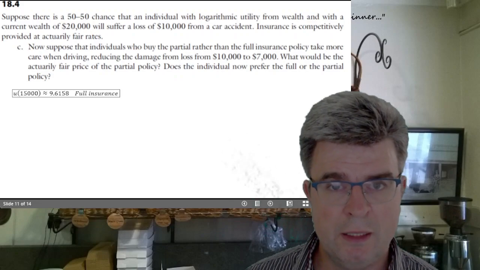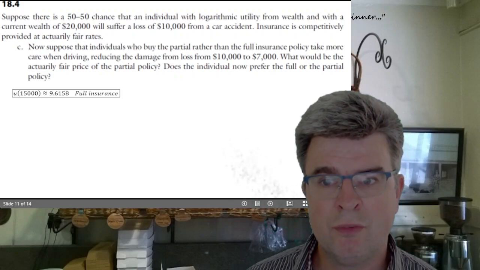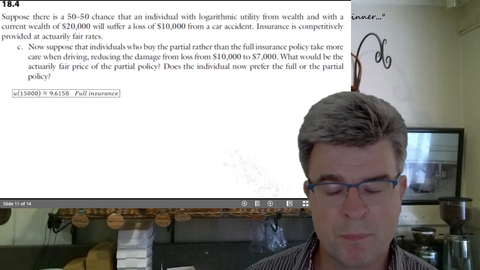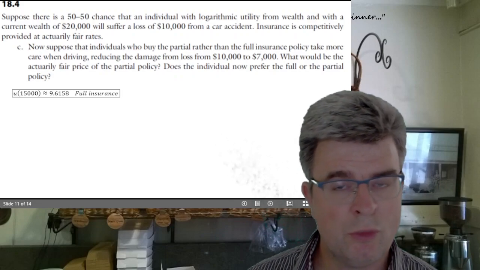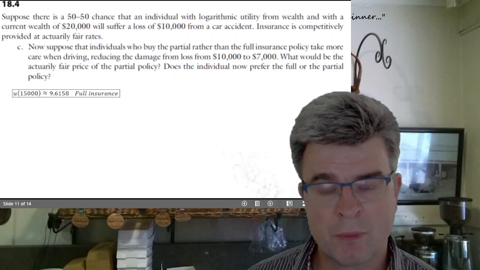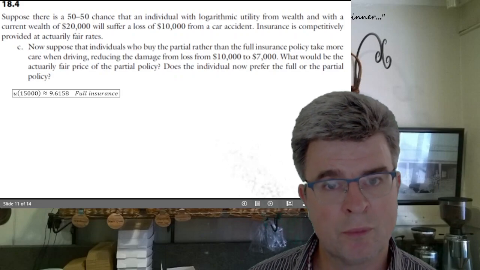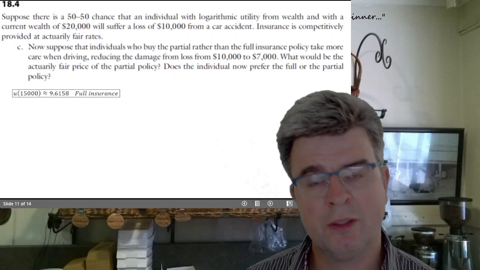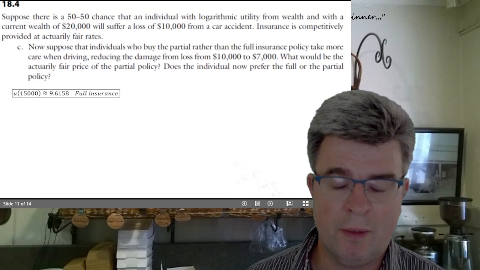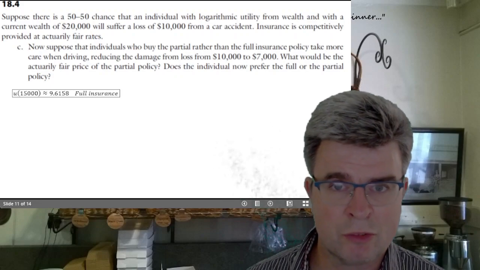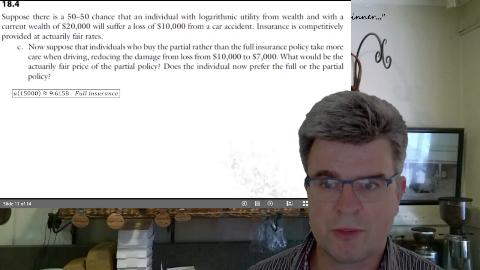Now question C offers a different perspective. In question C we need to suppose that individuals who buy partial insurance rather than full insurance take more care when driving. They know that they take more care when driving, so they may also know that because of that they only need partial insurance.